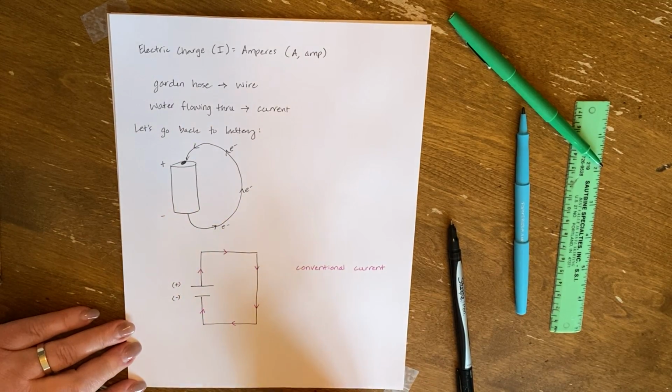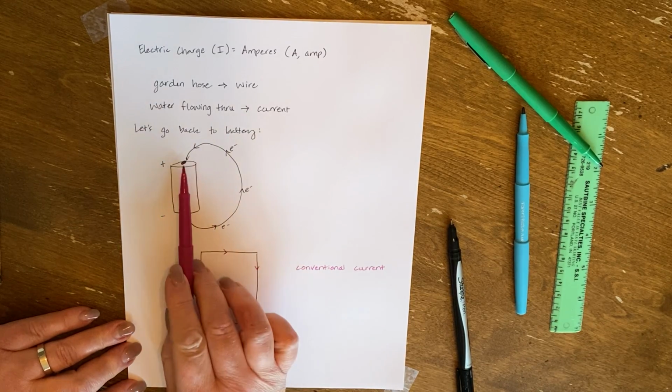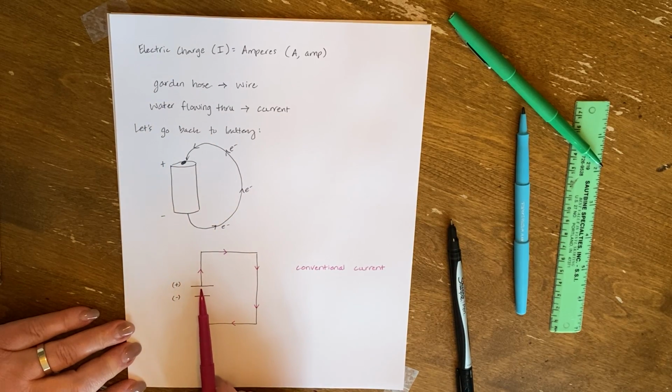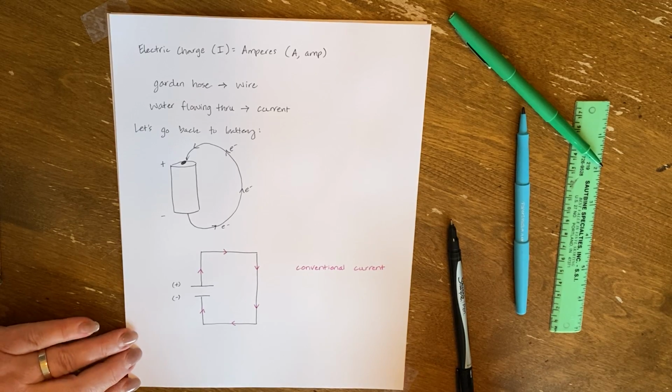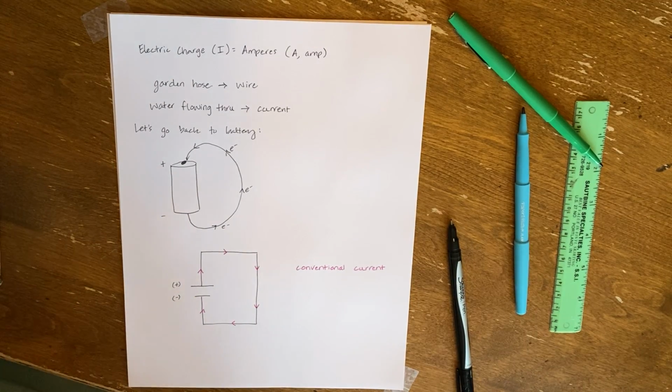It doesn't change any of our problems, okay? But just realize that they actually flow from negative to positive, but we are going to draw the flow from positive to negative, okay? I have a note here to see figure 15.3 on page 490. So if you're wondering where we're at, I'm on page 490, and this conventional current and this drawing of an electric circuit can be found in figure 15.3 on page 490.